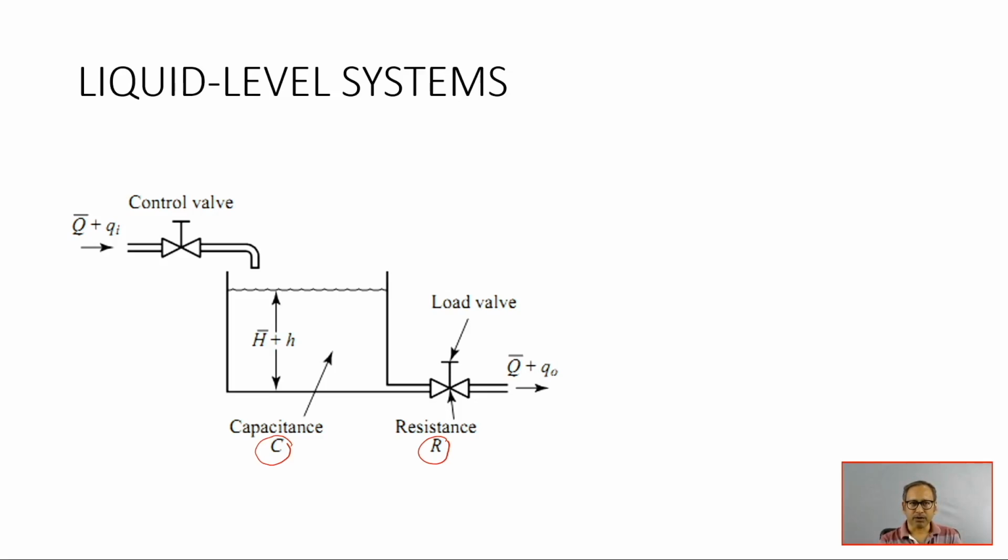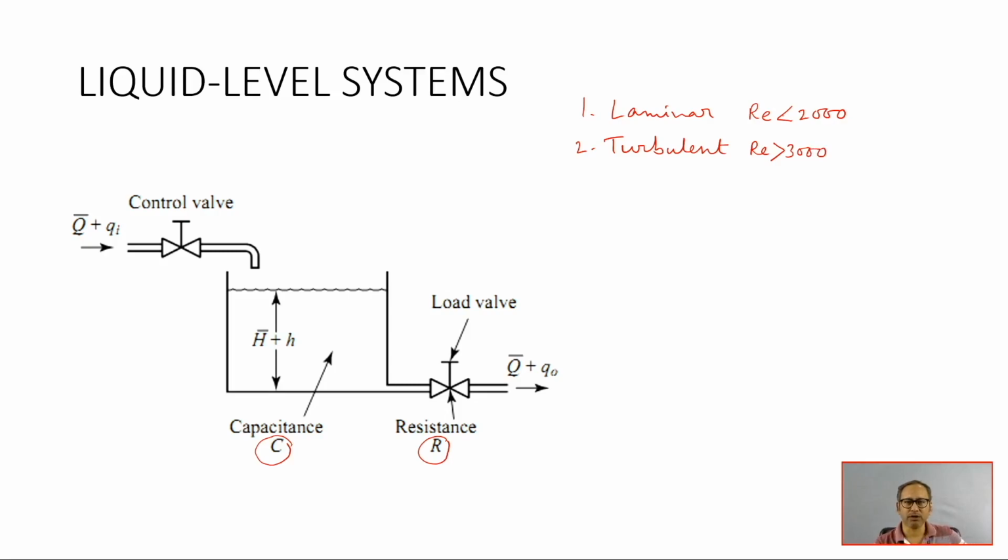Now, this type of flow has two types, one is laminar, another is turbulent. You are familiar with these two terms. If the Reynolds number of the fluid is less than 2000, then it is laminar flow, and if the Reynolds number is greater than 3000, then it is turbulent flow.